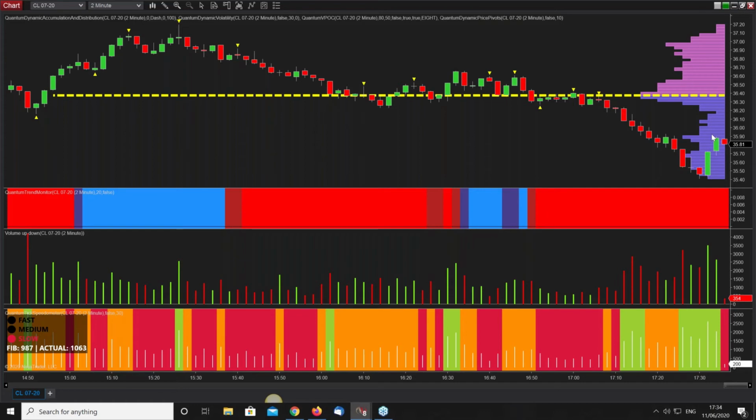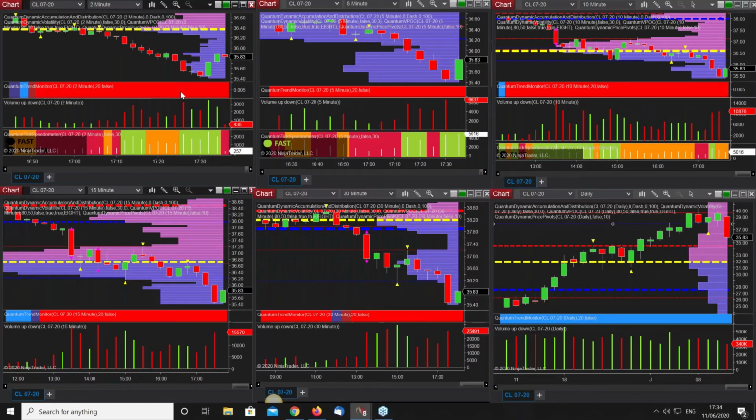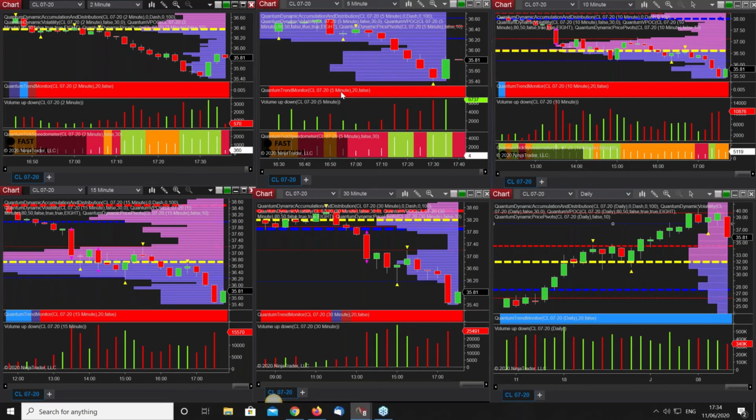Now we're waiting to see whether this is actually a full-blown reversal in this particular trend. In other words, going back to what I said earlier on, is the trend monitor going to transition into darker colors and ultimately move through, or is this simply a pause and reversal in the longer-term bearish trend for oil? And that's the question that VPA will answer for you, because it gives you a heads up as to whether it is simply a primary into a secondary and then back into a primary of your initial trend.